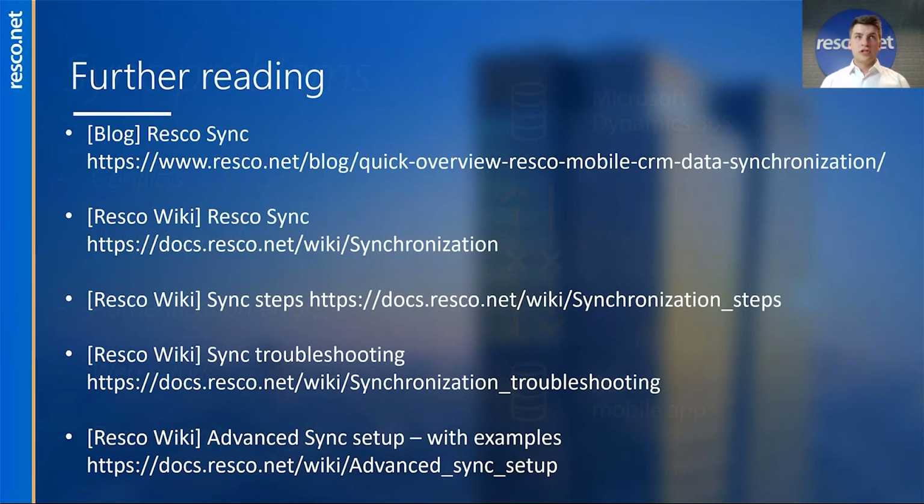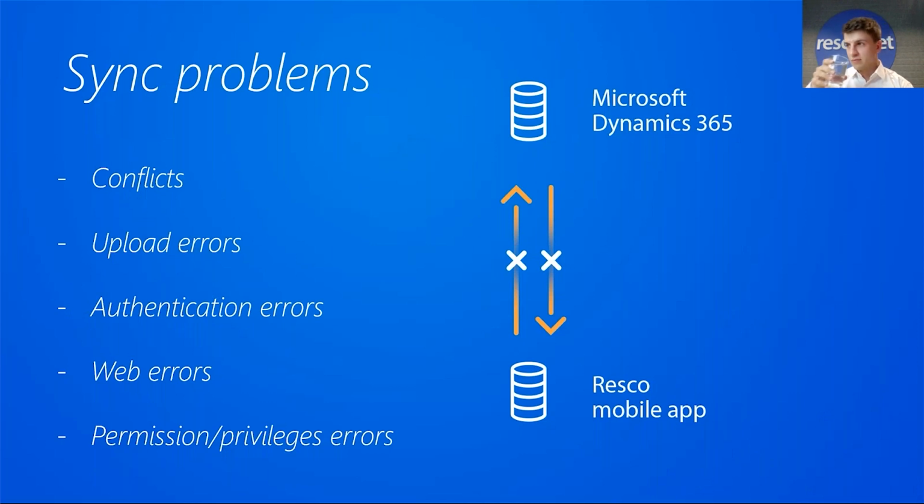Moving on to the synchronization problems. There's a lot of types of the problems that could happen. Very common are conflicts, as I said, or upload errors, or authentication errors, web errors, permissions, privileges errors, you can imagine.